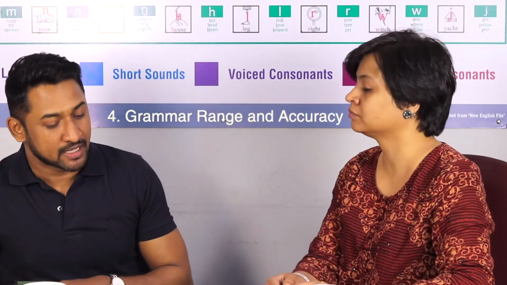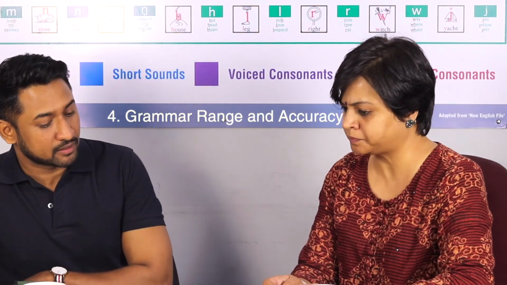Yes. So these are the things you should pay attention to if you want to get full marks for your writing. Right, so let's talk about grammatical range and accuracy. This is the last marking criteria for writing. Can you give us a glimpse of what grammatical range actually means?